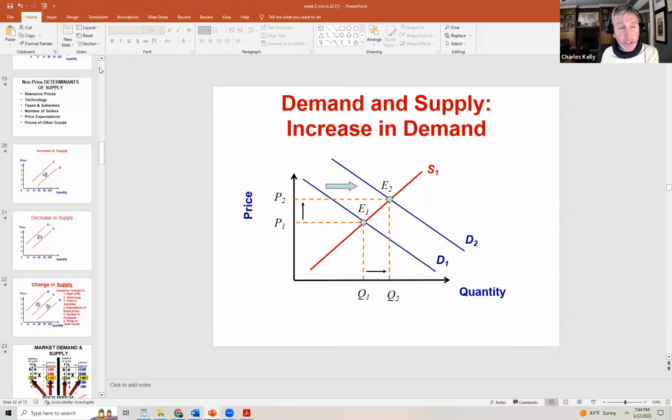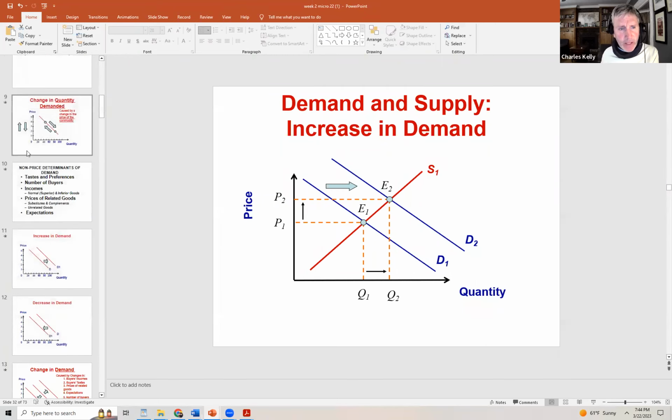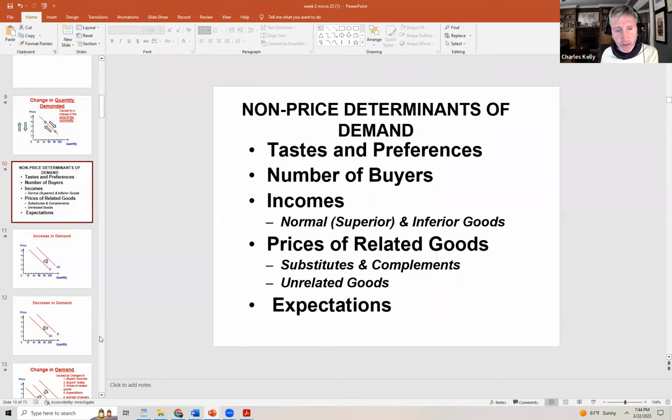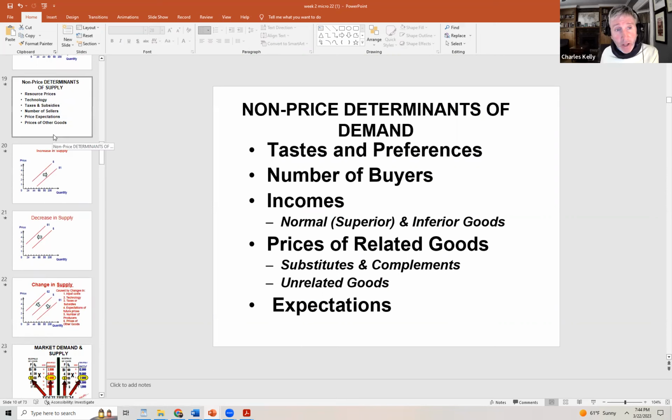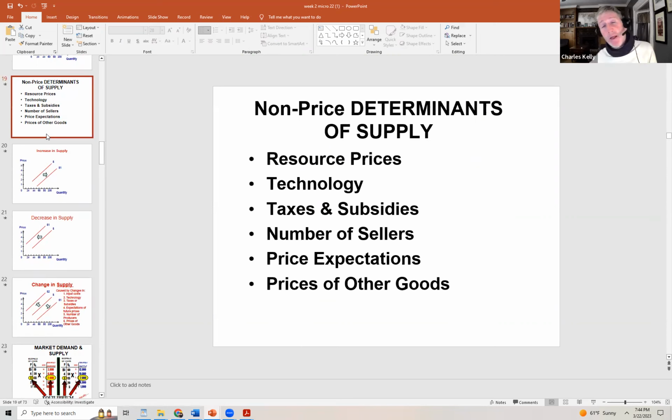So you're either going to use your non-price determinants of demand, which are right here, like these five, or your non-price determinants of supply, which are these six. Now I can tell you, you're probably going to only have to worry about the top four because of how I made the question, when it comes to supply.